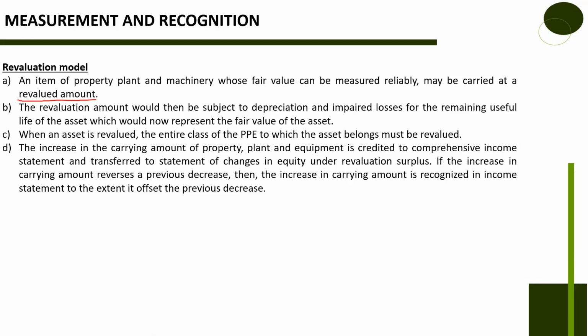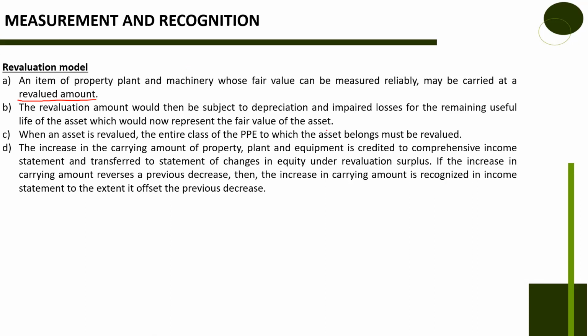An item of PPE whose fair value can be measured reliably may be carried at a revalued amount. So you go to the market and say, what is the fresh value that I can get this asset for? If I decide to sell today, how much will it be? How much is this my office building?